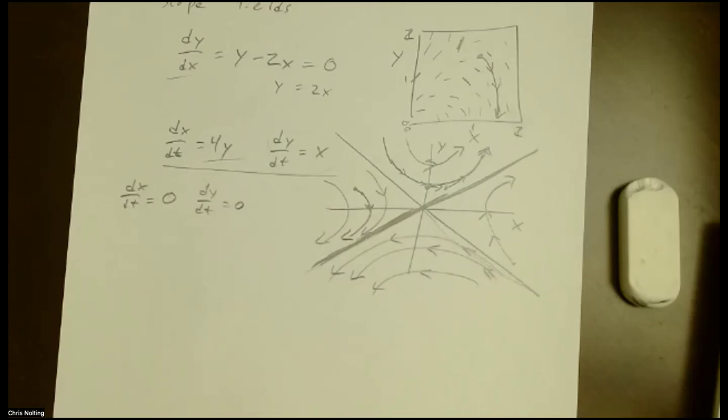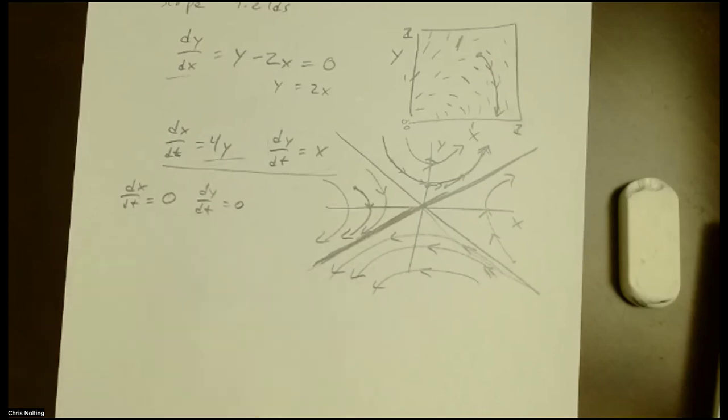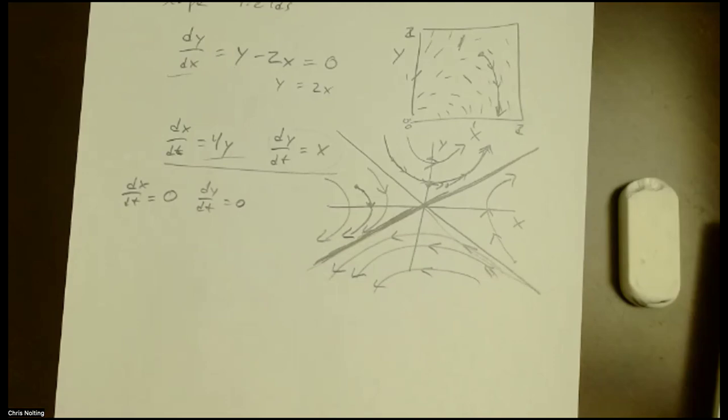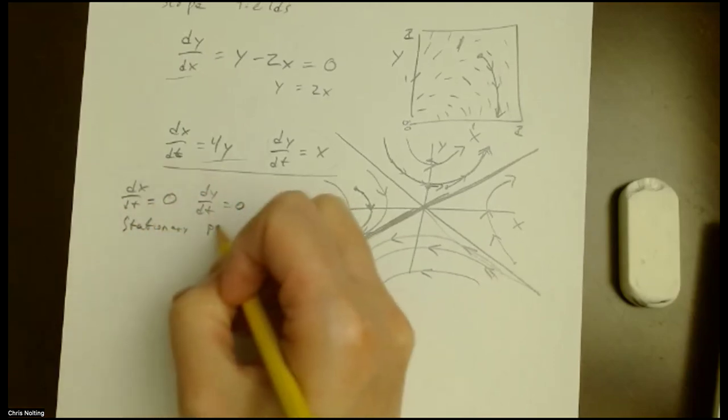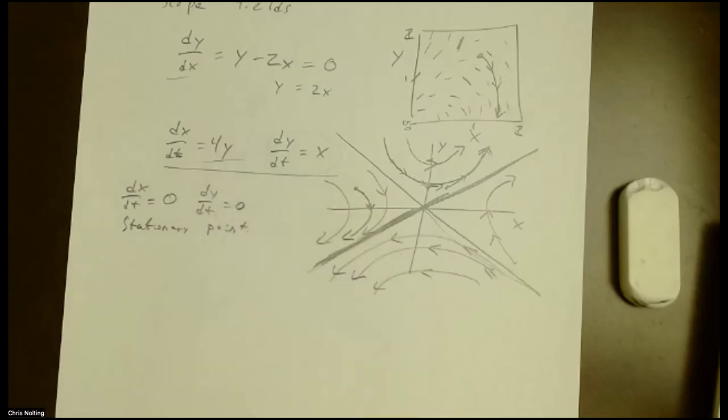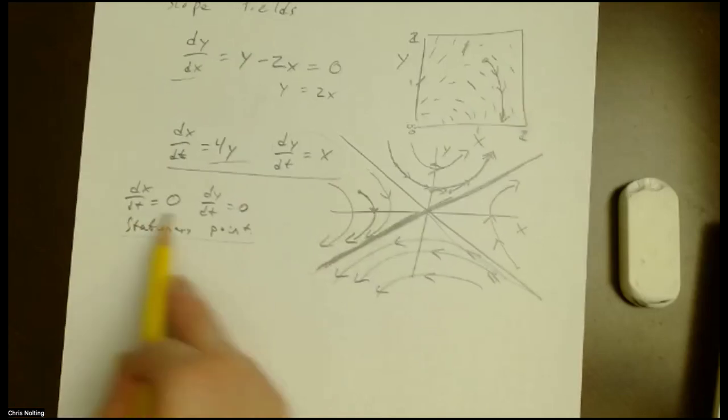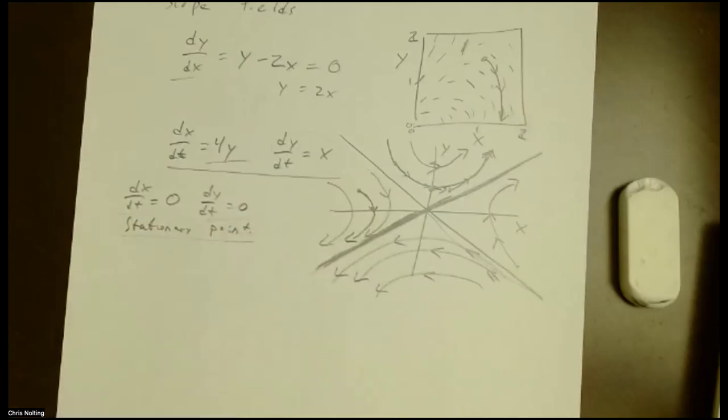And that will tell us if both of these derivatives are 0, that point, whatever point in space that represents, is going to be a stationary point. Meaning that if you started out at this location that had this property, then you're not going to move away from that location. You're going to stay there. You could also call this an equilibrium point of some sort.